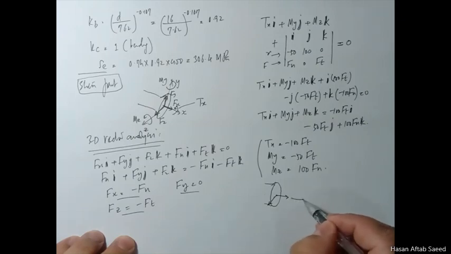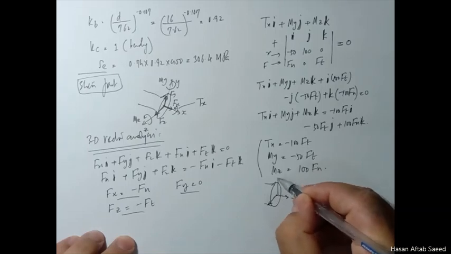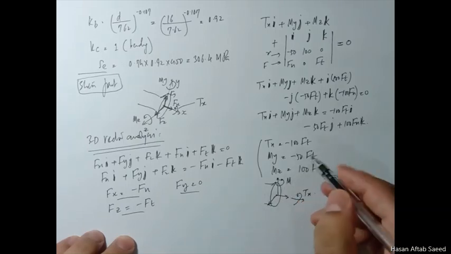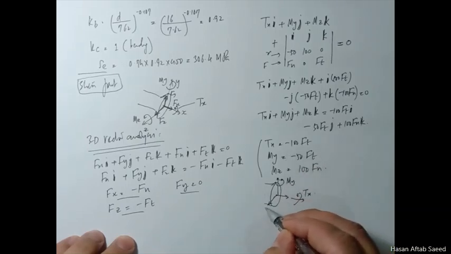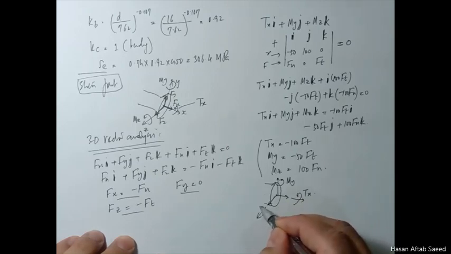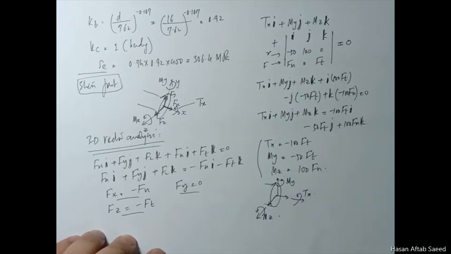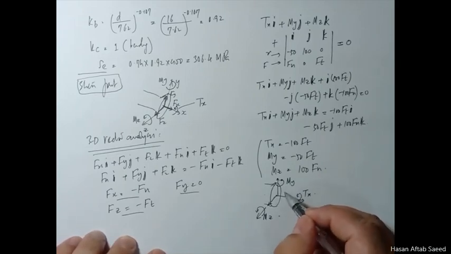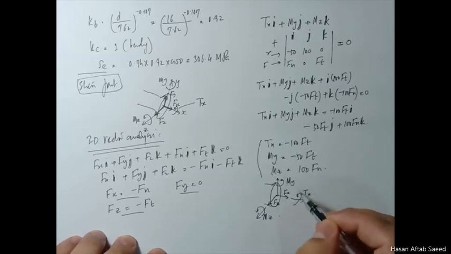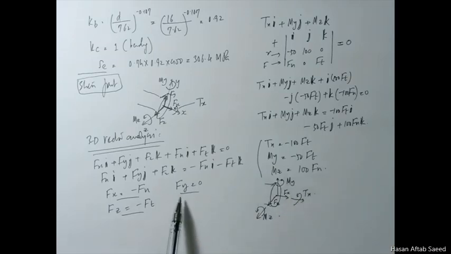As far as stresses are concerned, you have Tx, you have My, and you have Mz. This is the situation. There is no Fy. Let's write it: Fx, Fz. You have these five components. This Fy was 0.